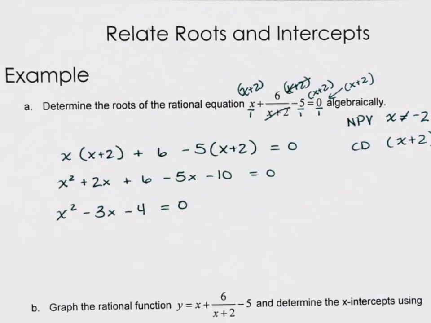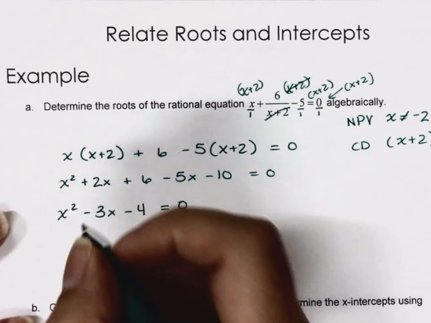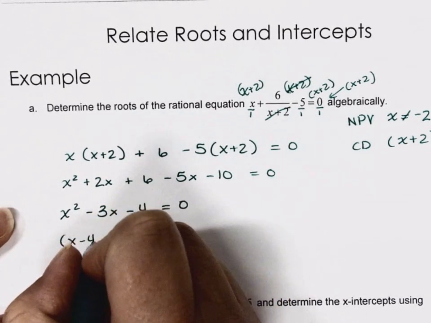It wants the roots. So what is it asking me to do? I need to solve it, right? I need to factor that quadratic and solve it out. So hopefully everybody's comfortable with factoring.